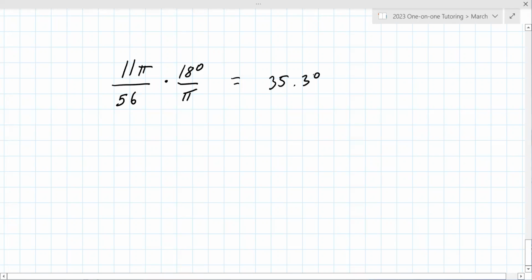Very good. Now, here's your test question. This is what I remember from years past: it will say convert 2 radians to degrees. Now notice there's no pi.